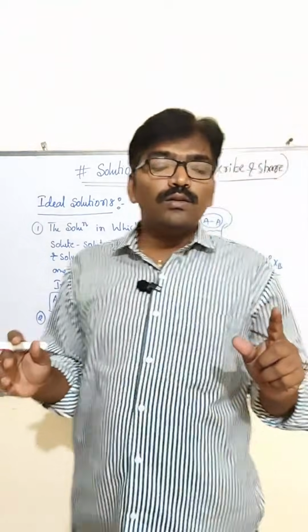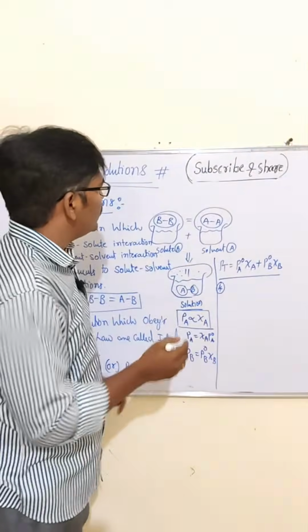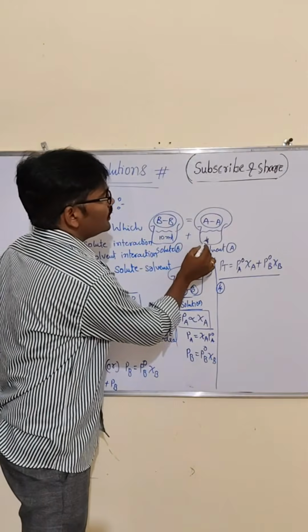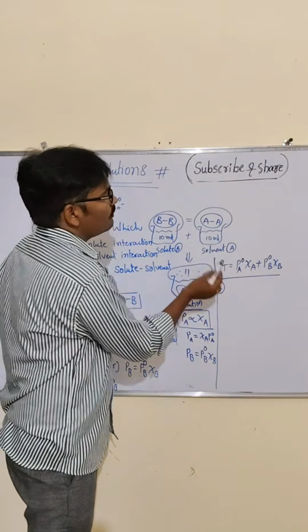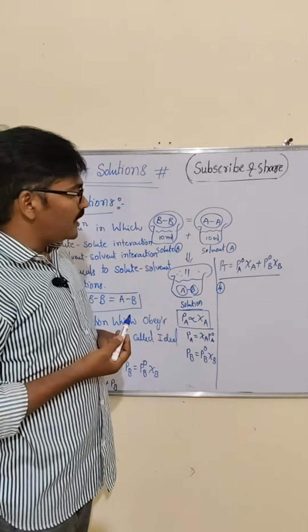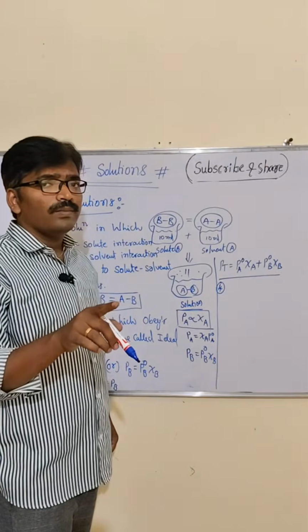Once a solute and solvent are both added, just assume this is 10 ml and this is 10 ml. When both are added, we expect 20 ml. Then delta V is the change in the volume upon mixing.